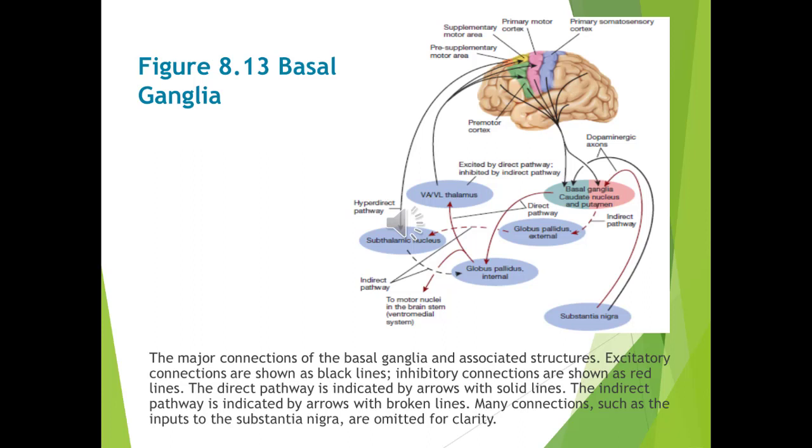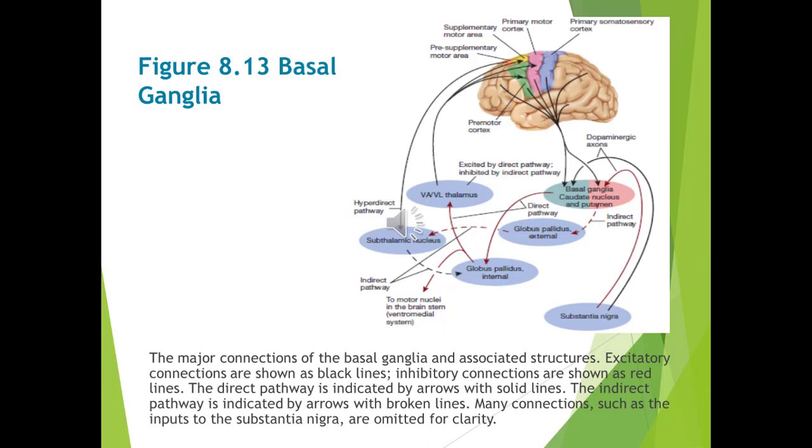Besides the primary motor cortex, the supplementary motor area and the pre-supplementary motor area, those cortical structures, the subcortical structures, the cerebellum, and now the basal ganglia are really important for coordinating behavior.